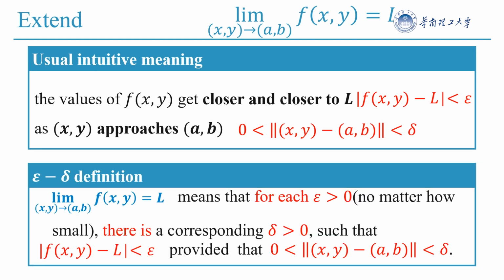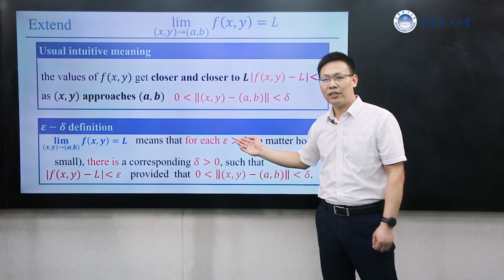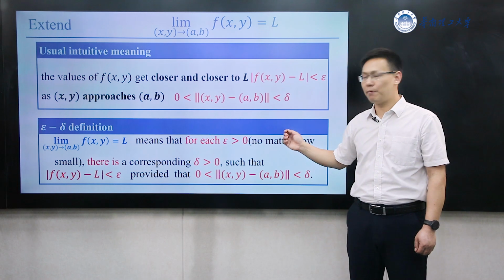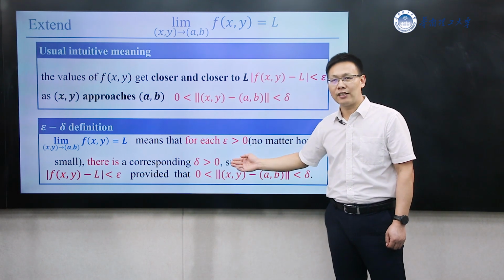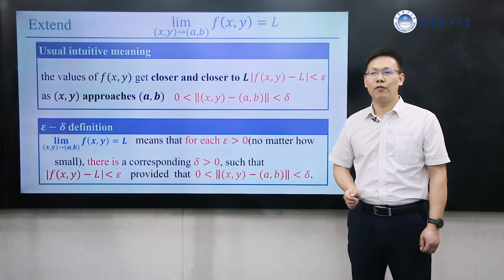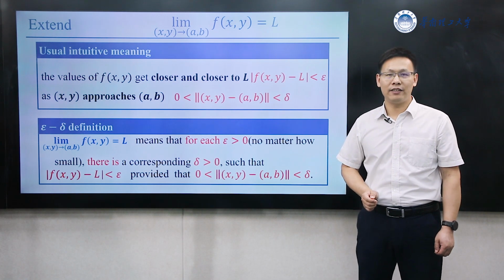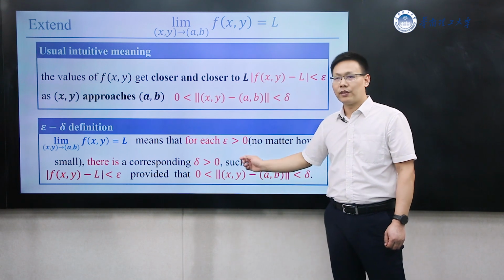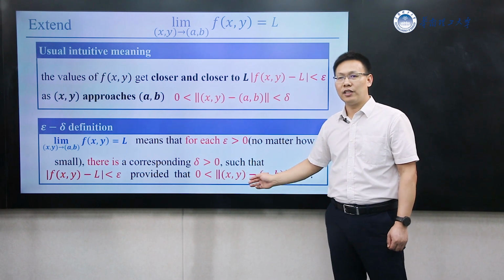f converges to L as (x,y) approaches (A,B) means that for arbitrary positive number epsilon, no matter how small, there is a corresponding positive number delta, such that the absolute value of f(x,y) minus L is less than epsilon, provided this inequality holds.